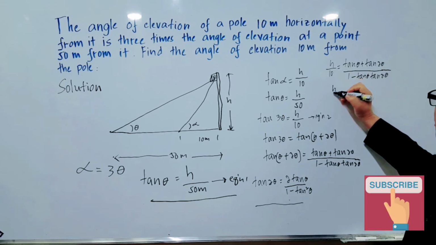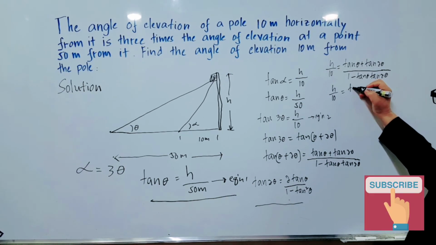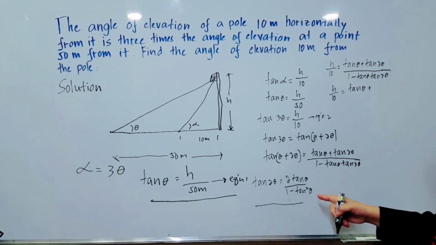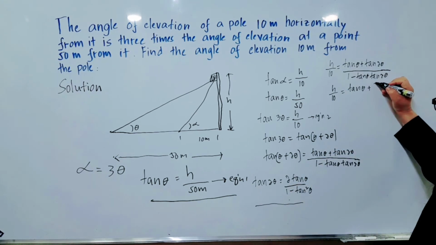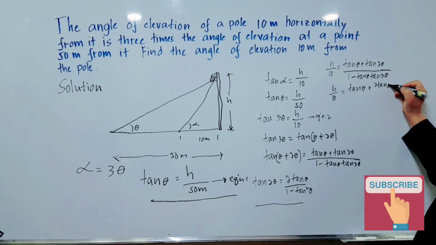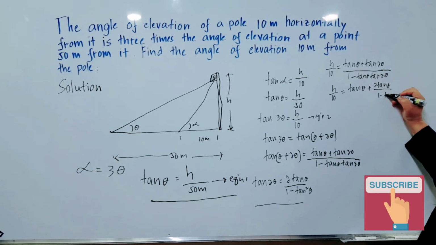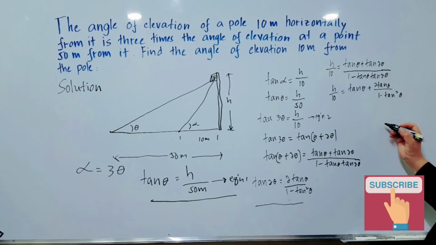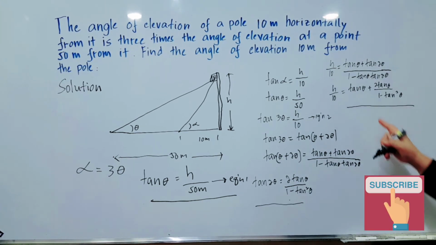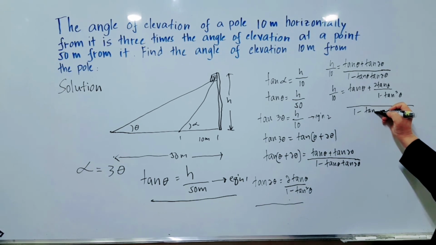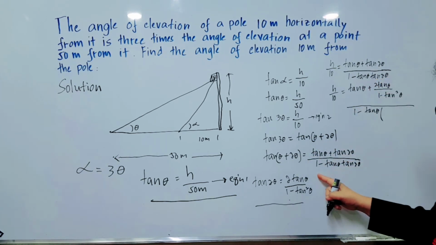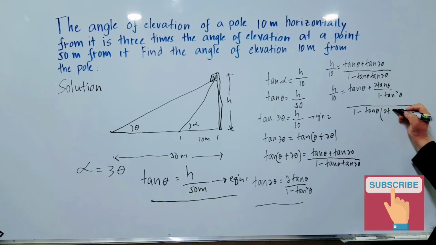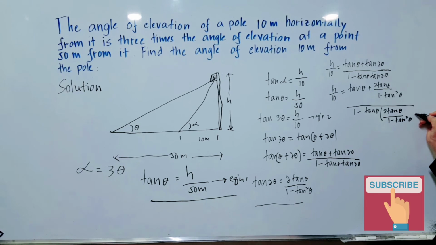So, h over 10 is equal to tangent theta plus the value of tangent 2 theta, which is 2 tangent theta divided by 1 minus tangent squared theta, divided by 1 minus tangent theta times the value again for tangent 2 theta, which is 2 tangent theta over 1 minus tangent squared theta.